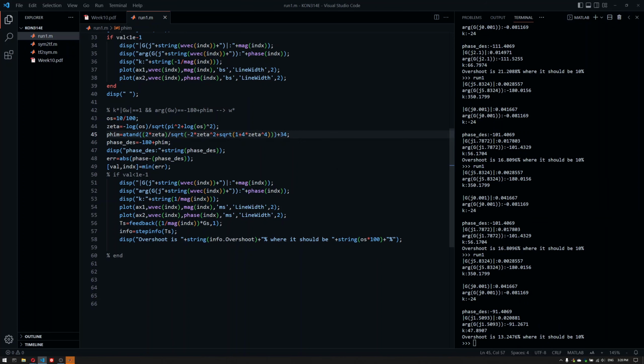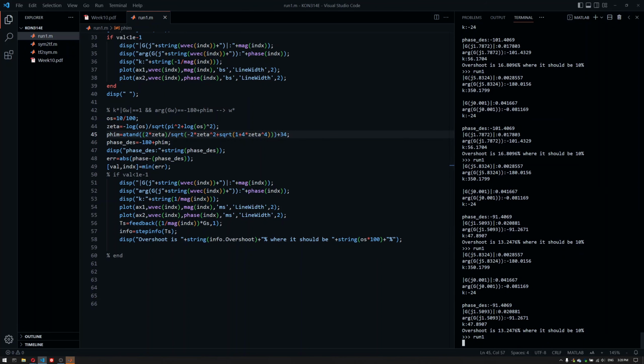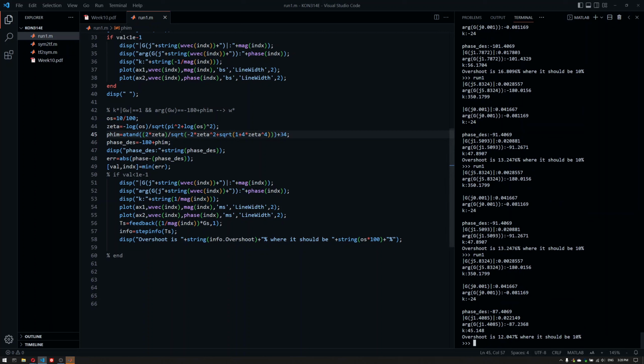Let's make it 34, something around those lines. 12%, oh, it seems like 40 is going to do it. Yeah, 10.53. We can still adjust it a little bit more.